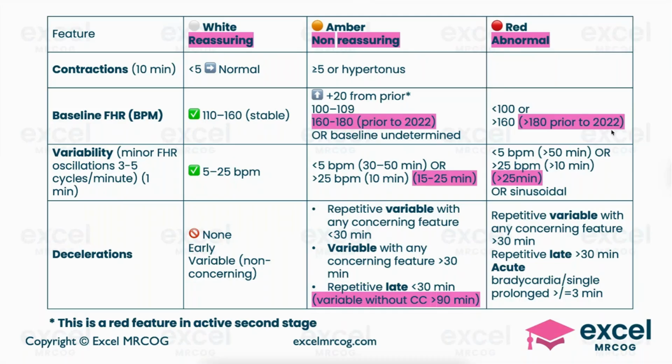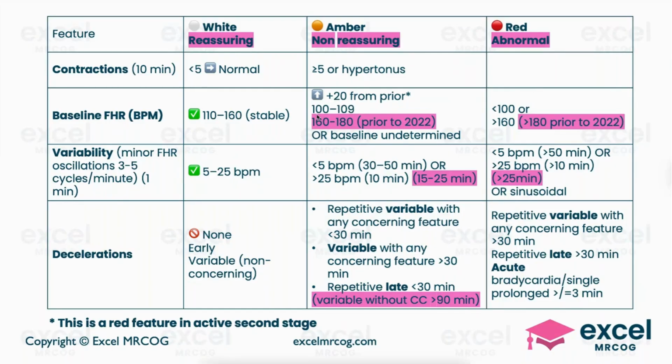It directly becomes red, meaning anything more than 160 is abnormal, or red, as per the new classification. Is that clear? Okay. Previously it was between 160 and 180 prior to 2022, and more than 180 used to be put as an abnormal feature. However, we don't have tachycardia in amber anymore. We directly go to red when tachycardia is there.